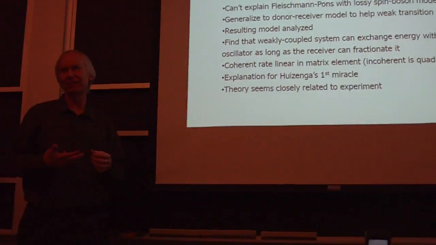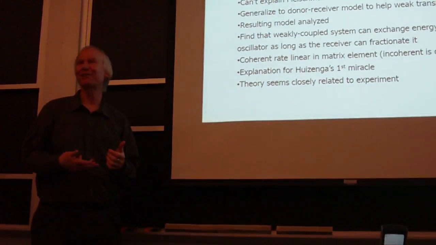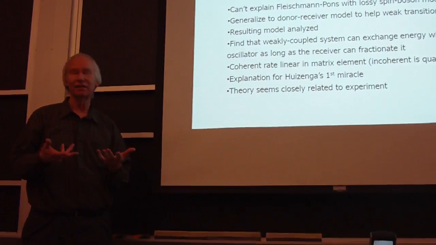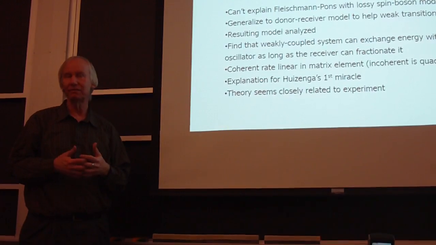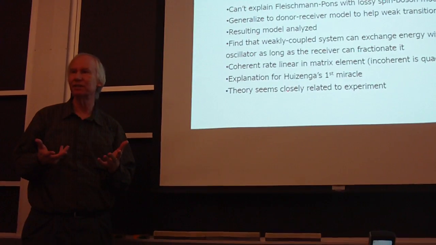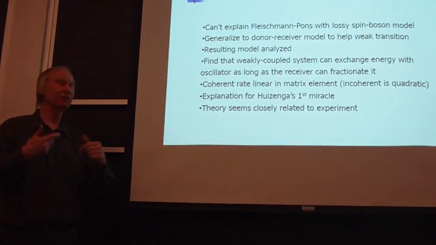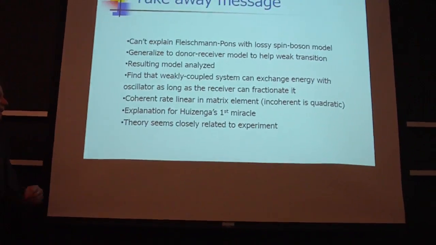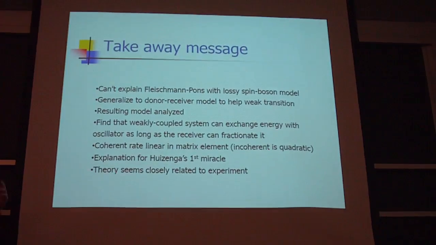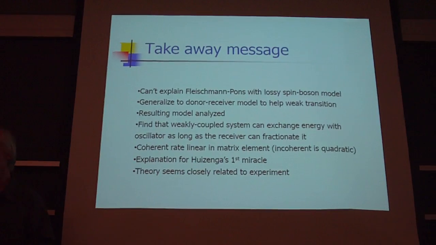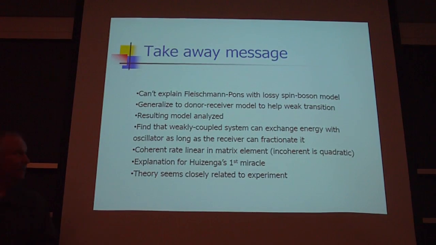Well, it turns out it's also an explanation for Heisenberg's second miracle, third miracle. And this model, out of the box, if you like, answers the three miracles, sort of just in the creation of the model itself. And the theory, this toy mathematical model, seems to be very closely related to experiment. Let me take away a message. Let me pause for thoughts or comments or questions.